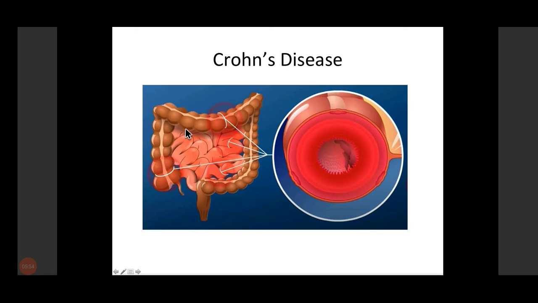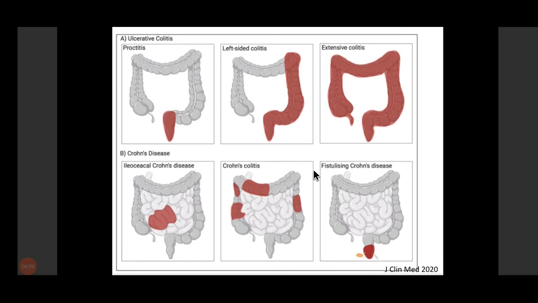But on the other hand, the mucosa is not the only part of the wall that is involved, but the entire wall, submucosa, and even the muscle wall can be involved in Crohn's disease. So it is a transmural inflammation. This again is highlighting the same thing.